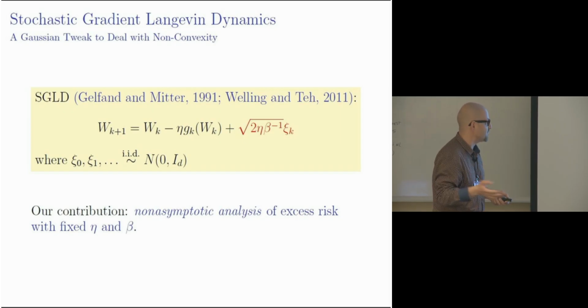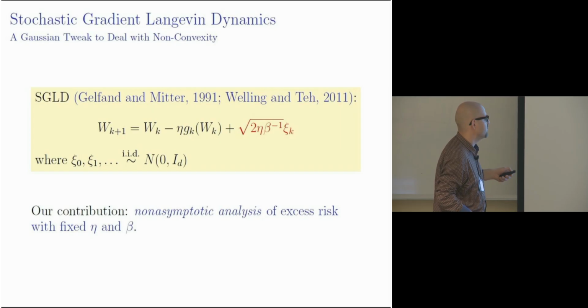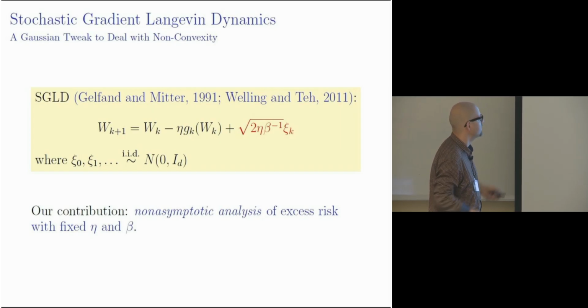Welling and Teh rediscovered this in 2011. That's what always happens. And so the idea is that we have a stochastic gradient of our objective. This is denoted by G_k of W_k. We add a Gaussian perturbation, and it helps us escape local minima.